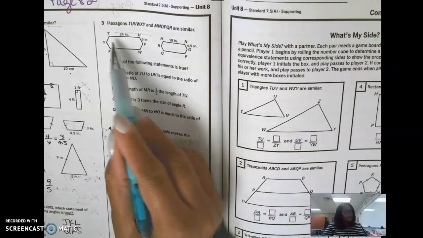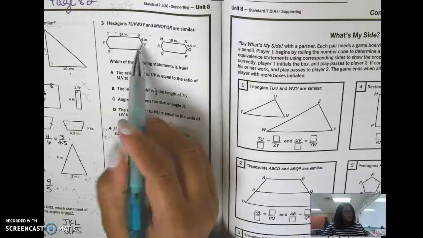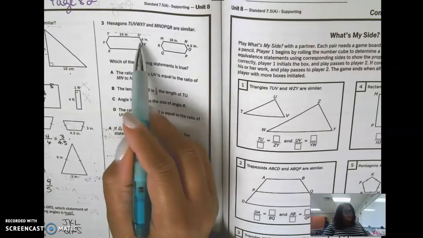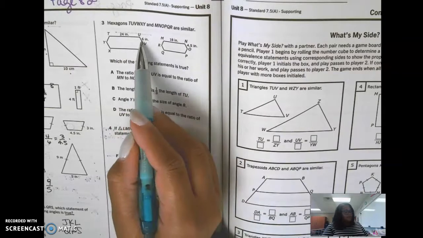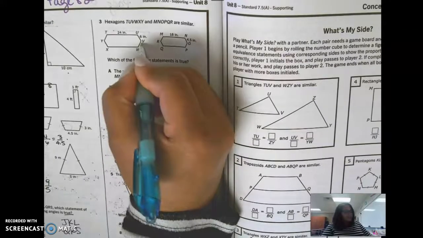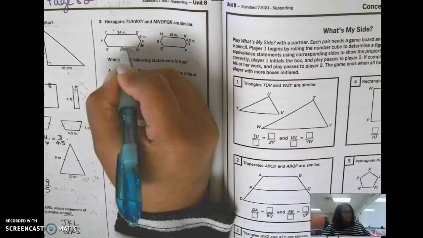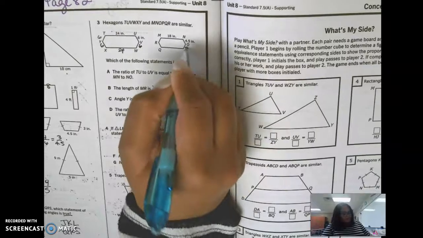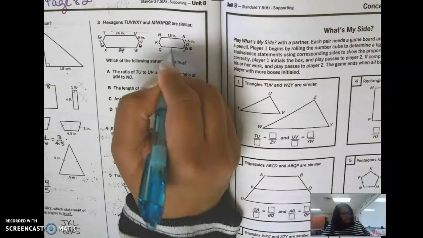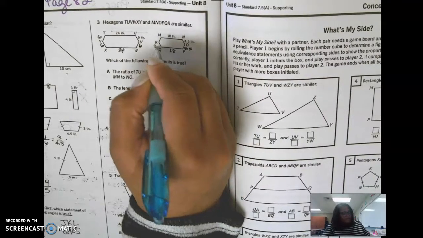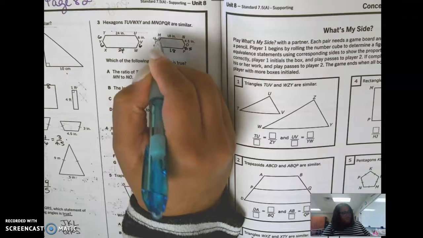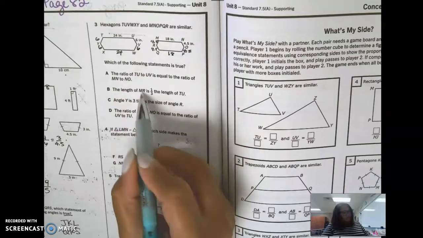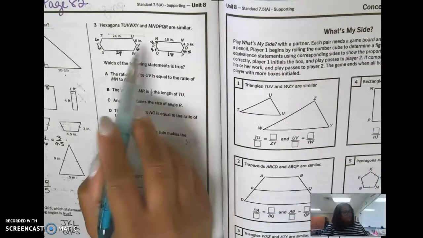MR, TU. Well, we've got to find out the ratio. What's the ratio of, this is 6, then this is also 6. And this is 24, this is 6, and this is 6. This is 4.5, this is 18, and these are 4.5 and 4.5. MR is 1/3 TU.